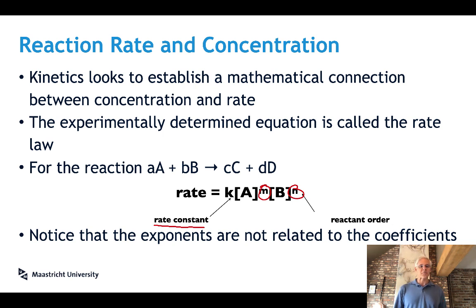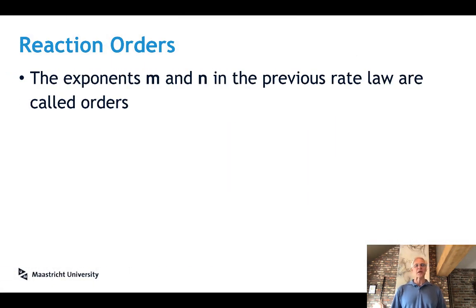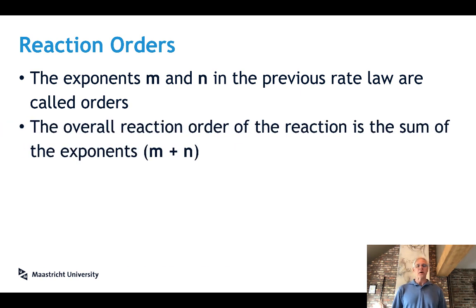So those exponents that we have there are things that are called reactant orders. Okay, so orders in the rate law. Let's talk about these reaction orders. So we mentioned those exponents there. If we wanted to say what is the overall order of the reaction, we would just sum those exponents together. So m plus n.